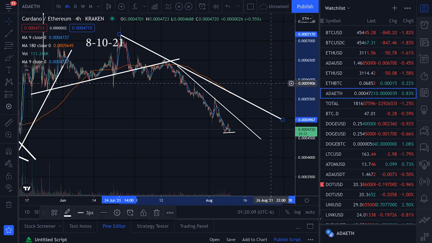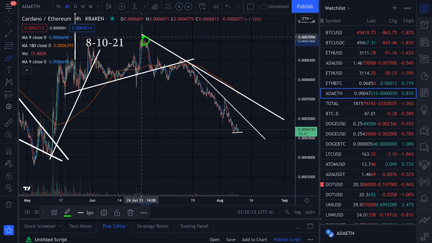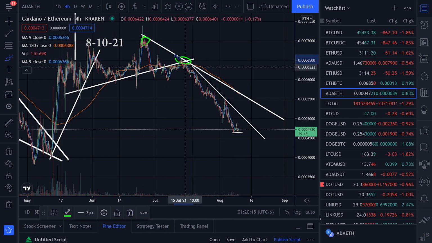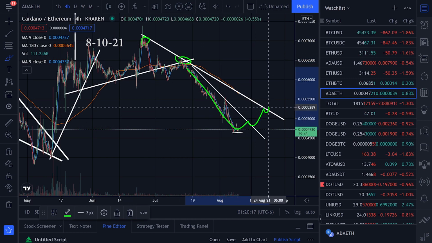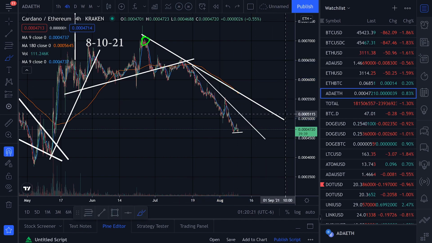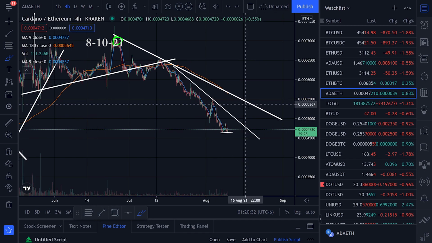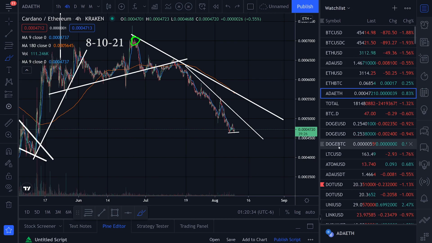We got some resistance right here and resistance right here. If we break this trend line, we might have to come up and retest this downtrend as well. It might have to go a little sideways, but I would say watch this chart, if you're watching Cardano, to see when you really want to start getting bullish on that.